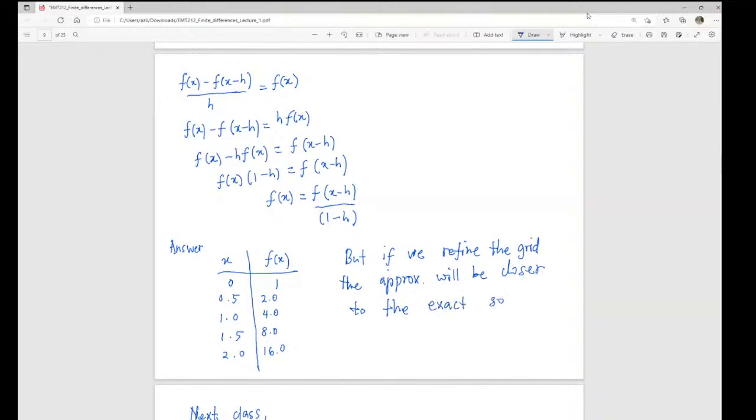That is something we will discuss more in the next class. This is what we call convergence.